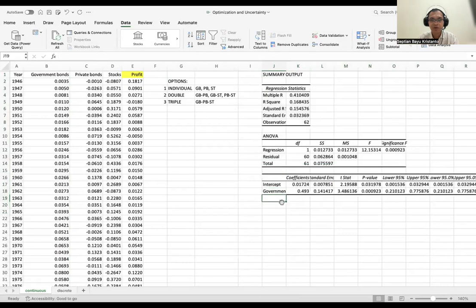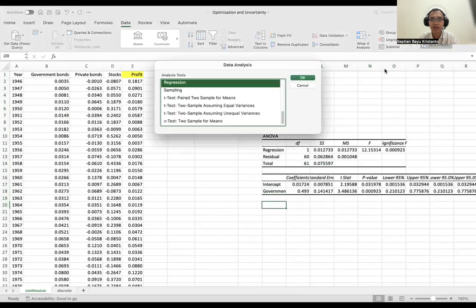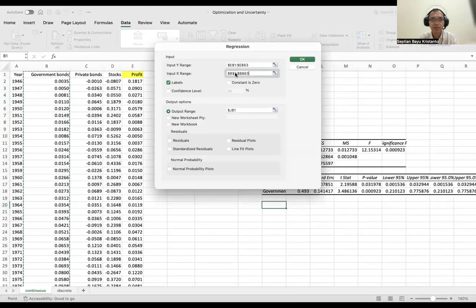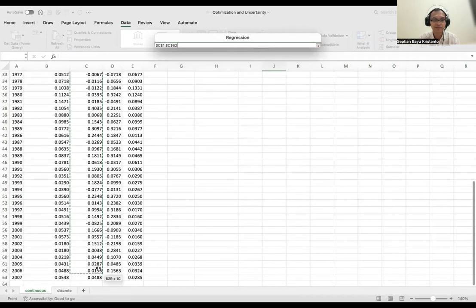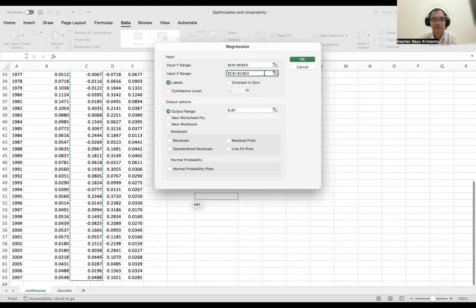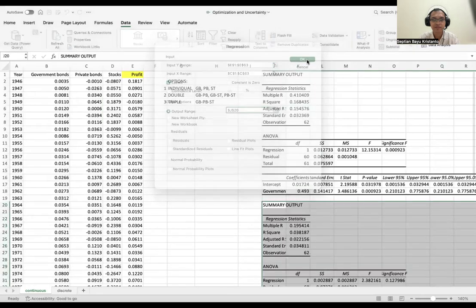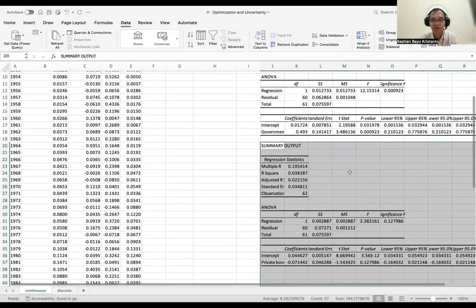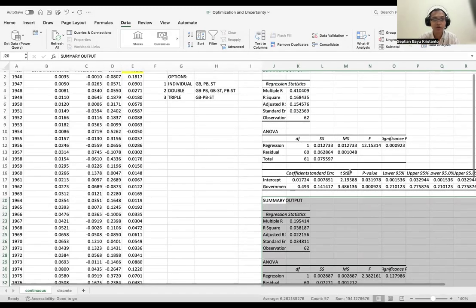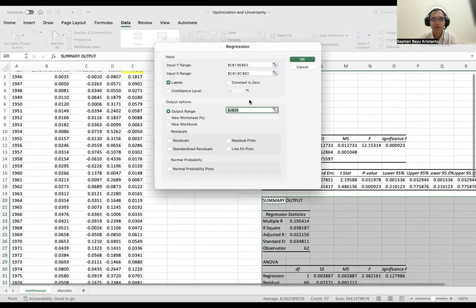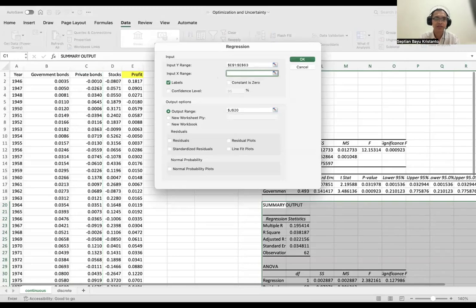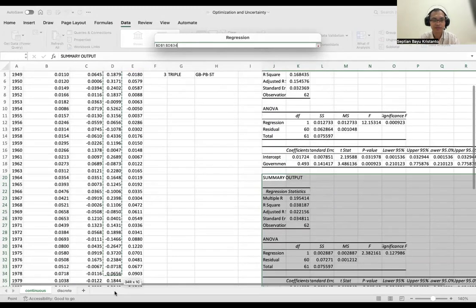The second point is the analysis with private bonds only. Okay, we got it. We can compare with the second option. The last one, we need to make some analysis with stock only.